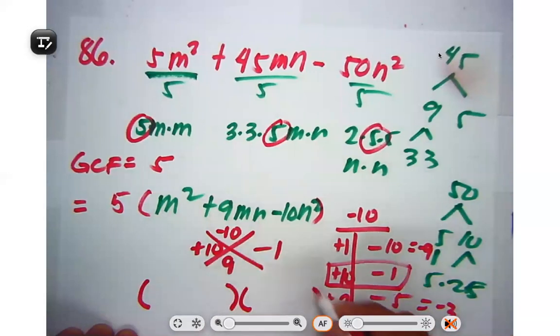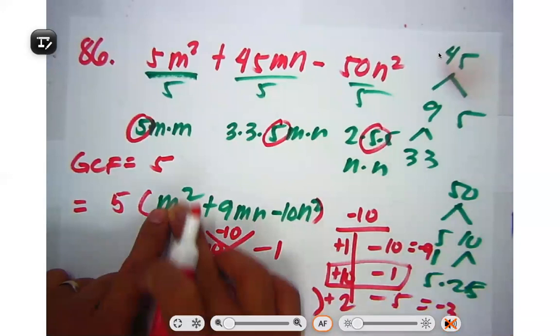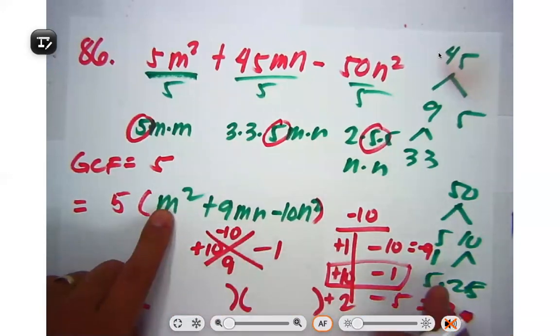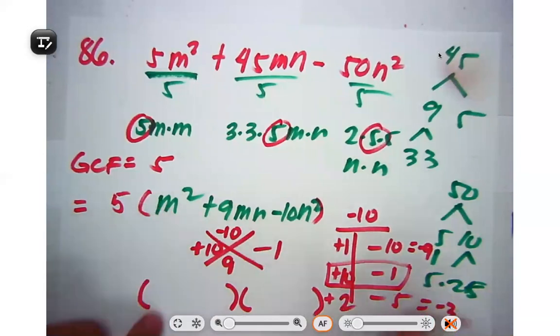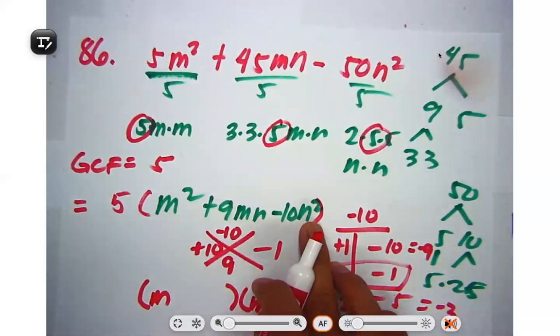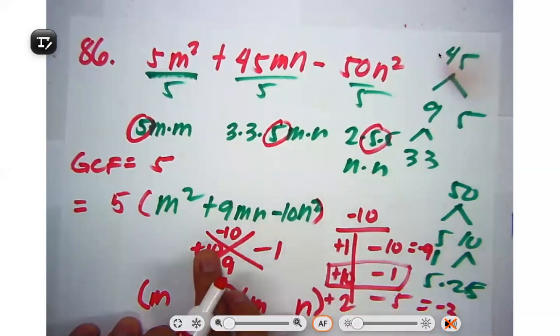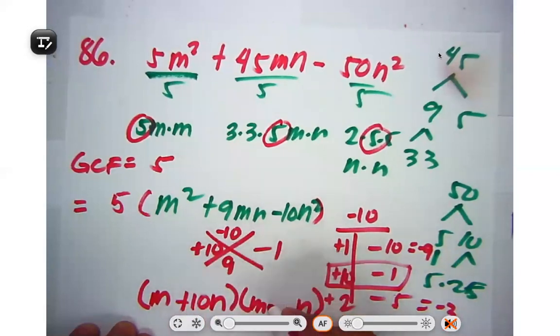That's why these are the factors now. Remember, we have m squared here and n squared here. That means the factors of m squared are m times m, and the factors of n squared are n times n. And now we put these numbers in: plus 10 and minus 1, but no need to write 1.